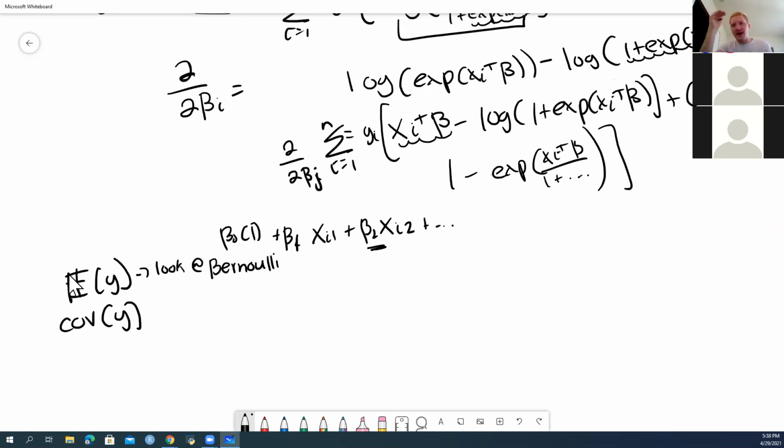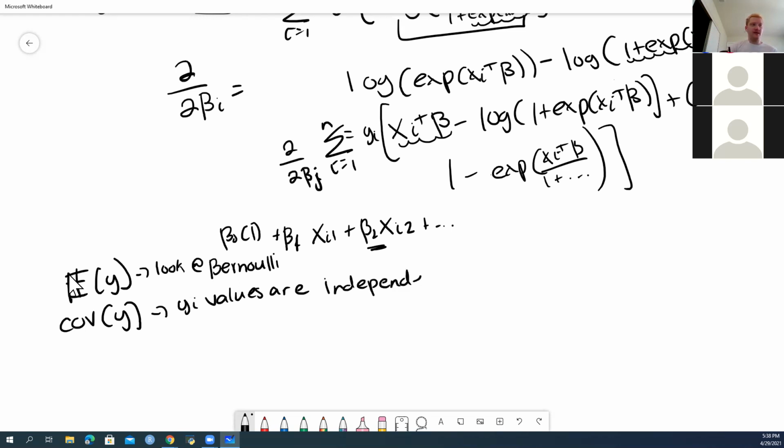So the expected value is going to be the expected value of each independent Bernoulli. Same with this one. You should notice that the yi values are independent, so that tells you what the off-diagonal should be.